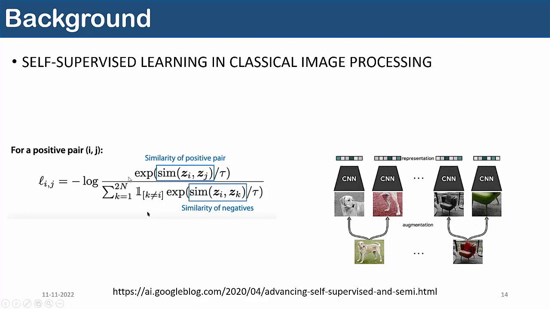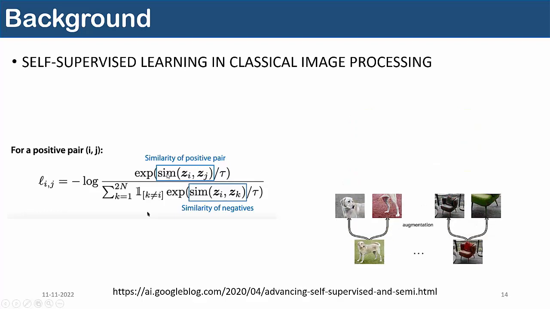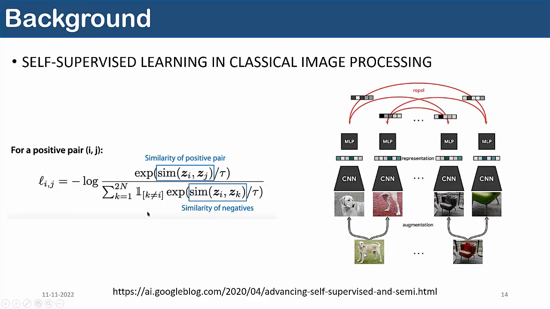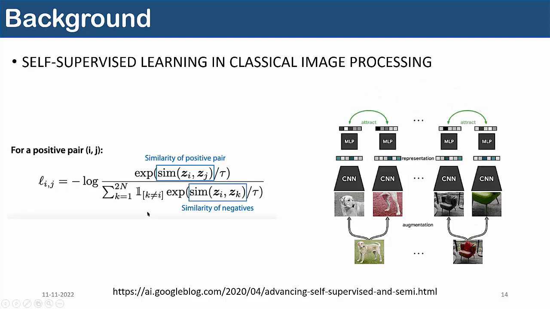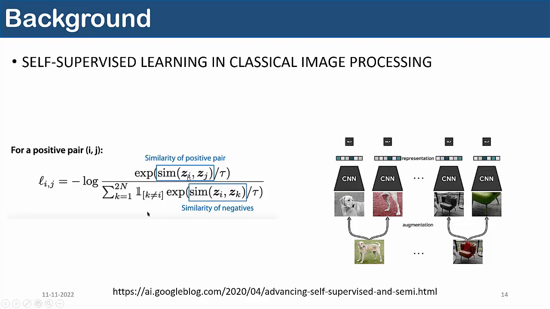This loss function will explain more what I was saying, because the numerator over here is the similarity of the positive pair. If I'm talking about I and J, if this image gets broken into I and J, this is the similarity that I'm calculating, and I'm giving it a high score.